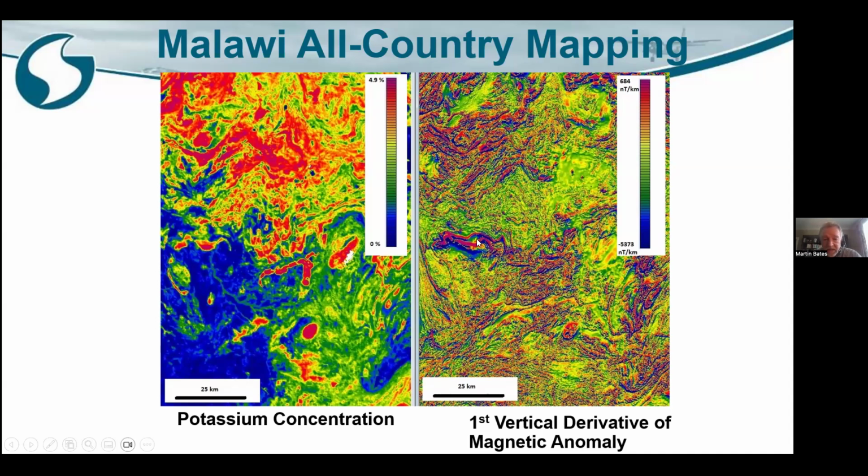Then you can see here some nice structures, folded layering in the magnetics. You can see some extent in the gamma ray. So some of these layers are potassic, but other ones are not. So you can see that all these structures here in the magnetics, you see boundaries, you see faults, you see folds, lots and lots of structure. You can see some of those things also in the gamma ray, but you're also seeing changes in the surface, the nature of the lithologies, but also overburden.